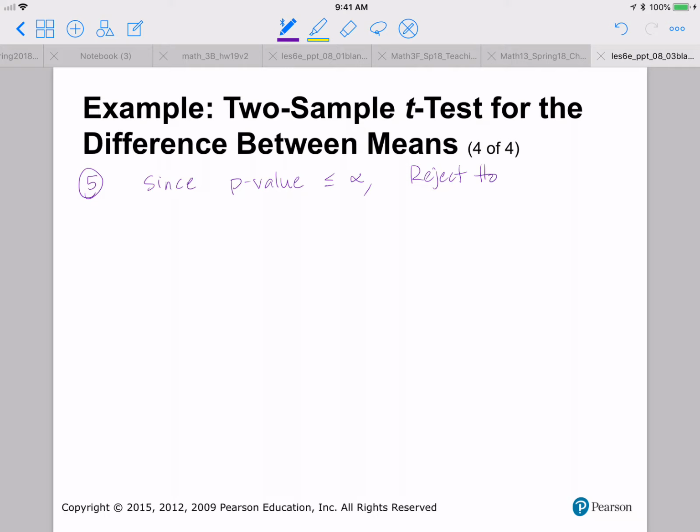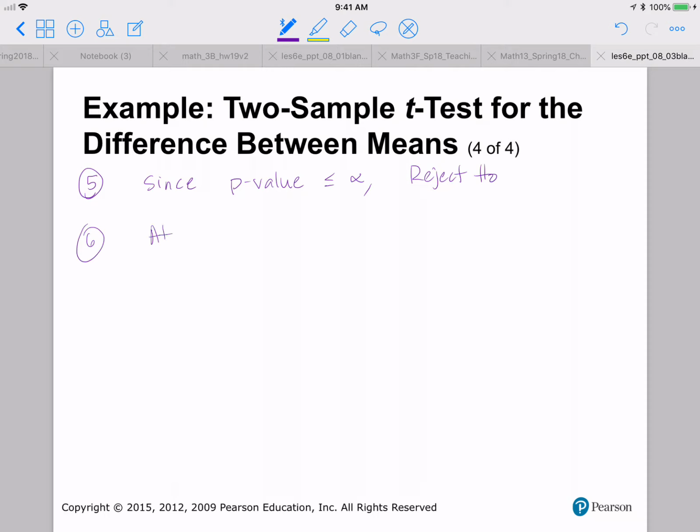So the next step after rejecting H naught is to interpret my decision.